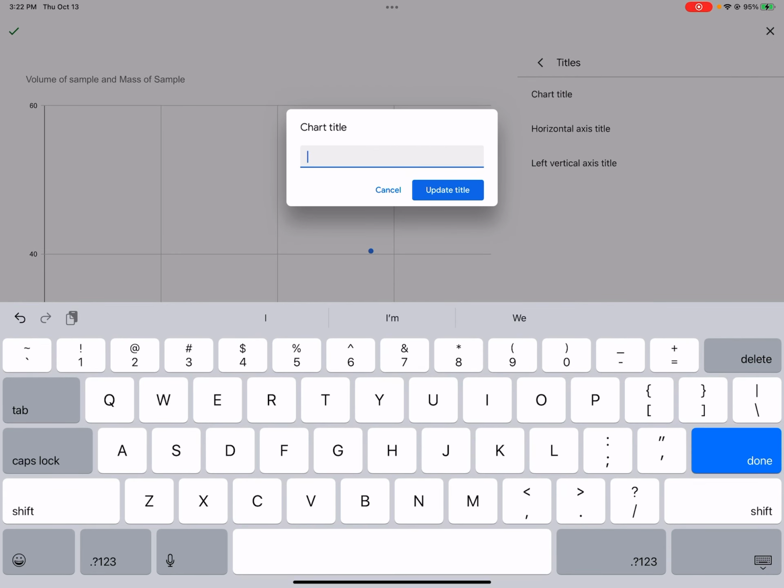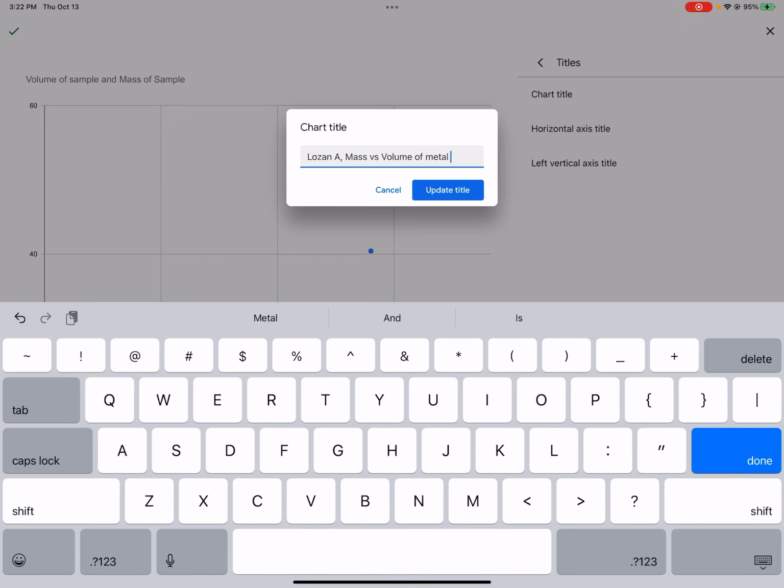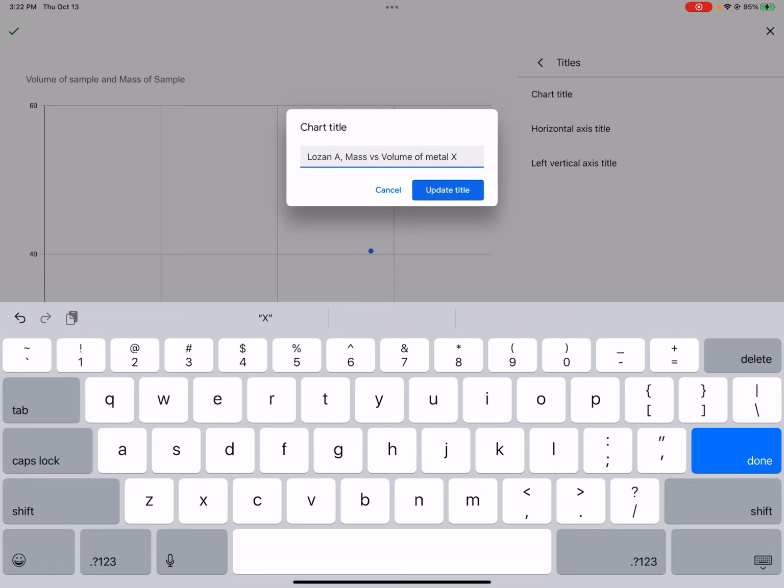I believe it's your last name, first initial, and then something like that, right? So you put that in.